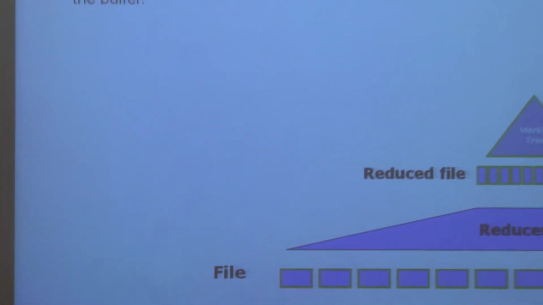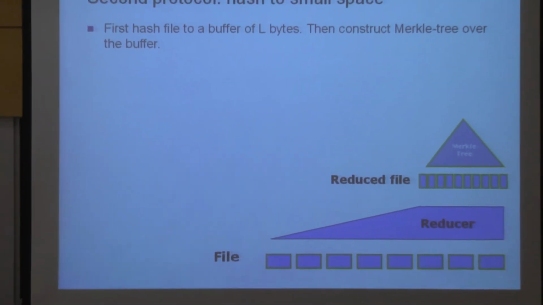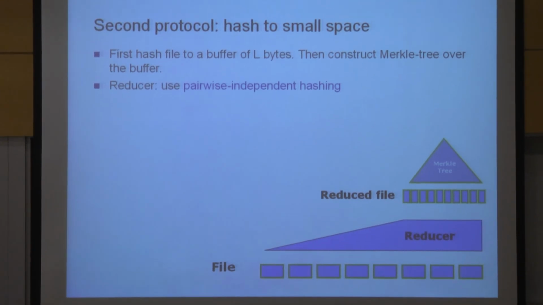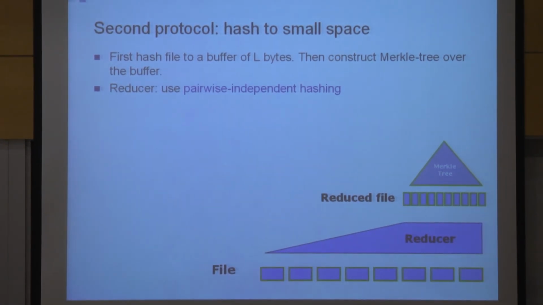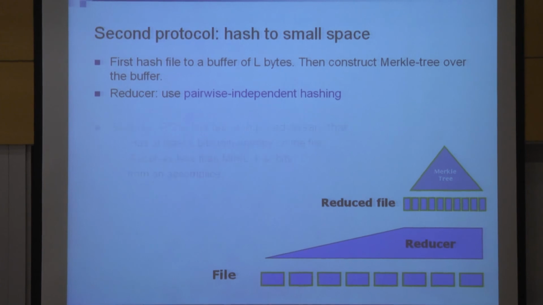We take the file, we first reduce it into this small buffer, which is supposed to be pretty efficient. You don't use as much memory as before. And now run the Merkle tree on the reduced buffer. And we can prove that this is secure when you're using pairwise independent hashing, which is a pretty simple solution.